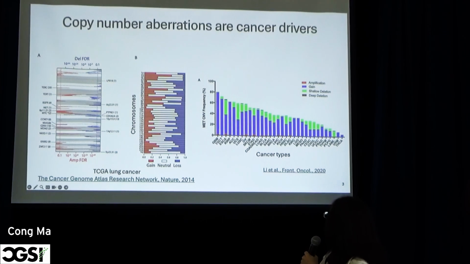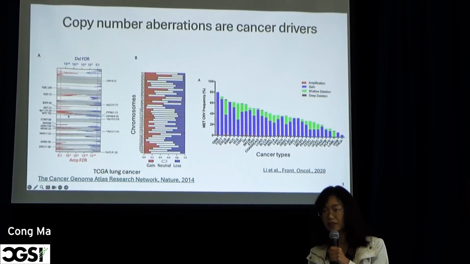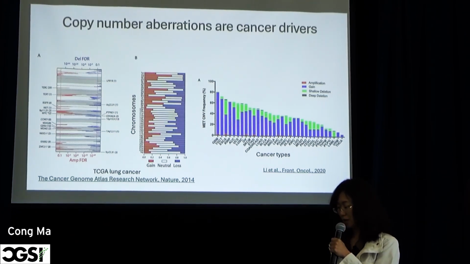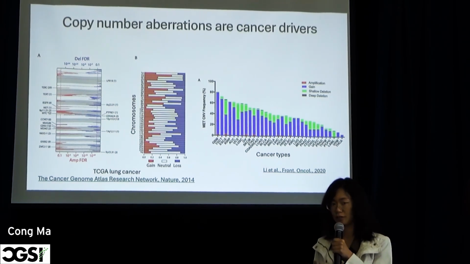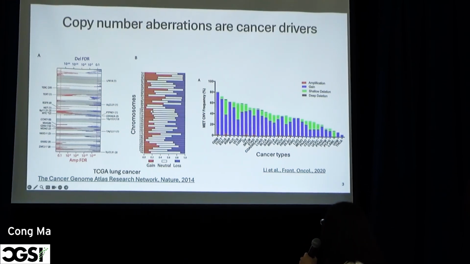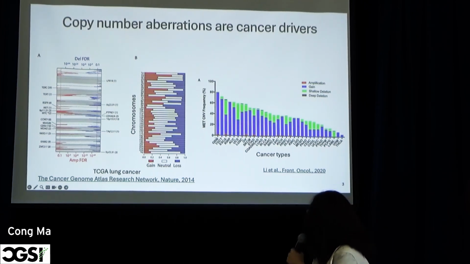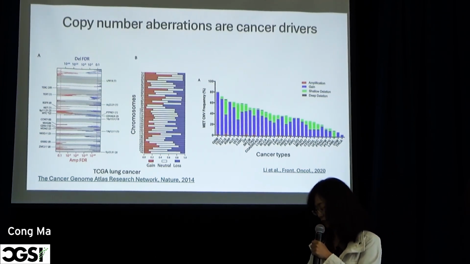This plot shows a lot of important genes for cancer, oncogenes and tumor suppressor genes, and apparently a lot of these genes have copy number gains and losses, which is a very important explanation for how cancer occurs and progresses. Studies have shown that copy number gains and losses can occur on all the chromosomes and in all cancer types. So it is very prevalent and important in cancer studies.